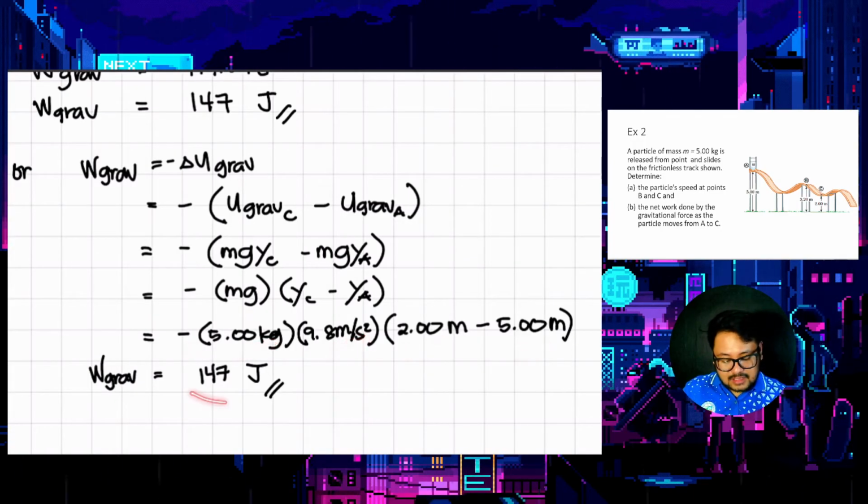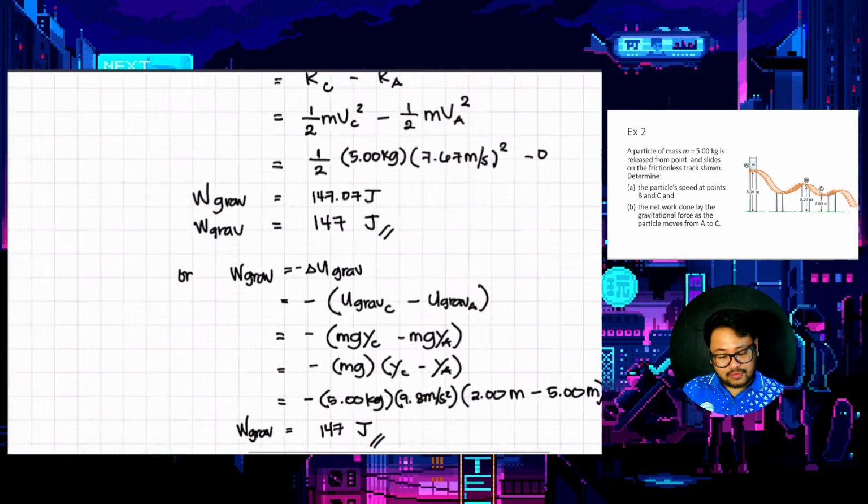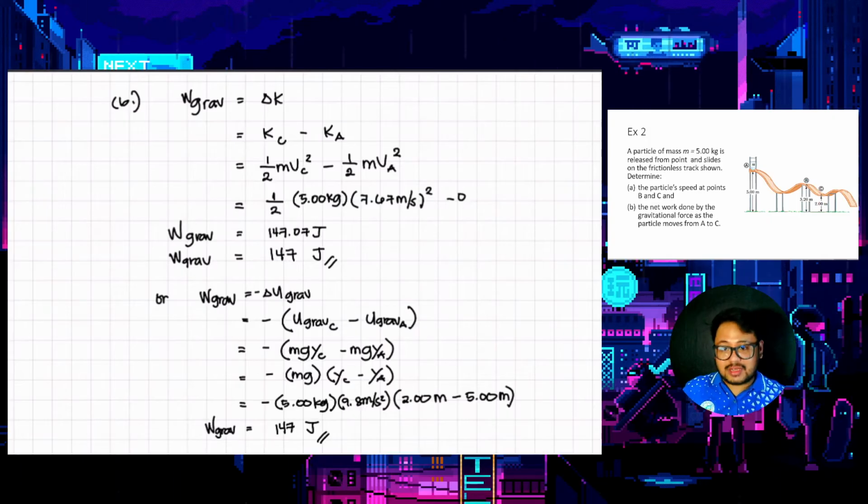It will give us 147 joules. So the net work done by gravity is just equal to 147 joules, which is consistent with our first method. It will just give us the same answer.